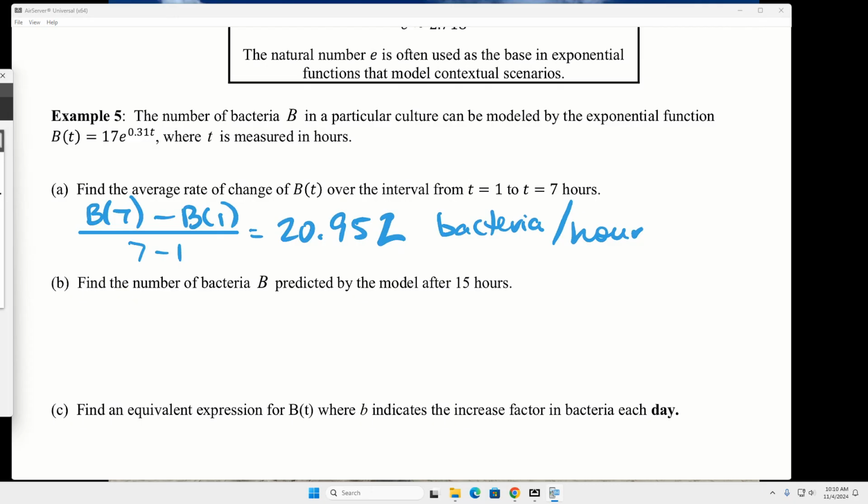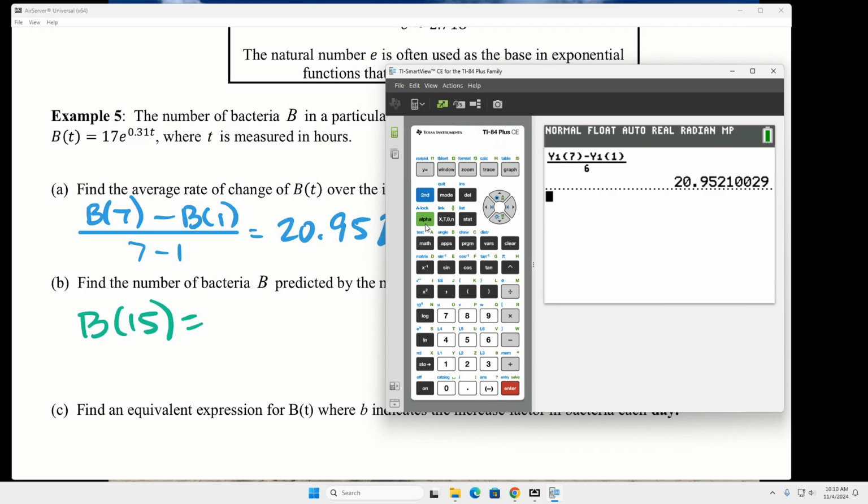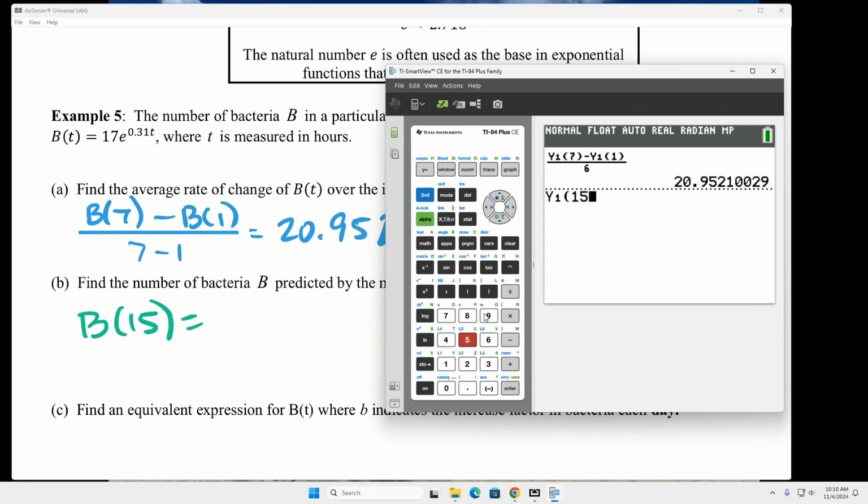All right. And now B is just a little, I think, a little easier than the one we just did. We already have this in our y1. So if we just want to find b of 15, we can just do y1 of 15. There it is. Now on this one, I would probably go ahead and write it to 3 decimal places.